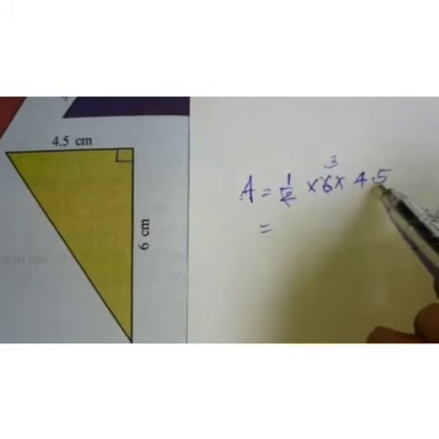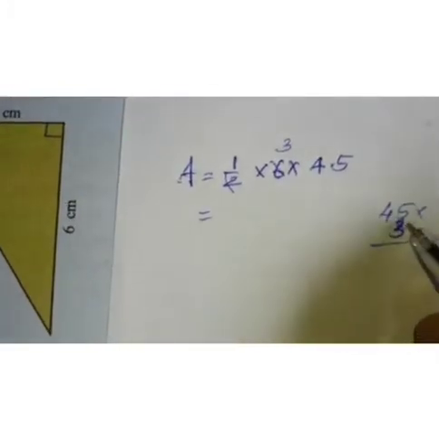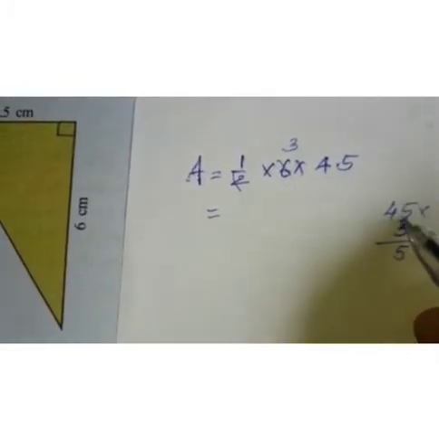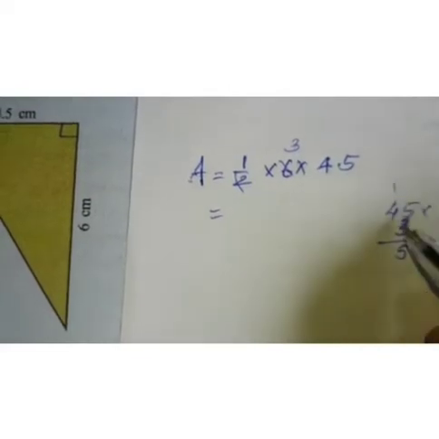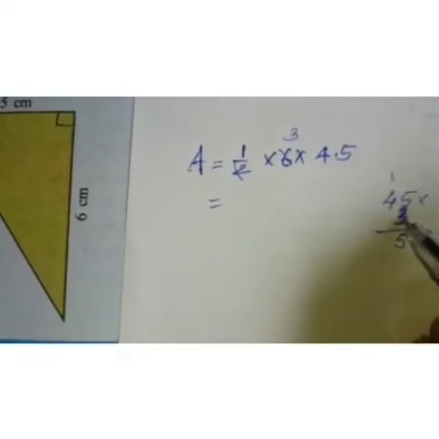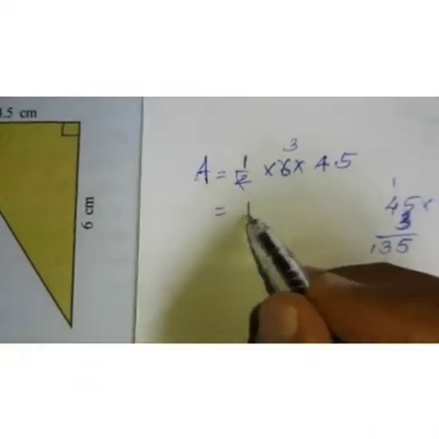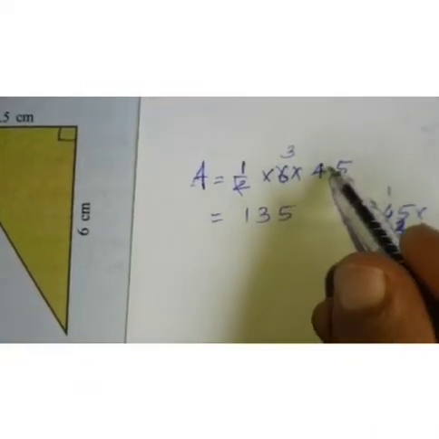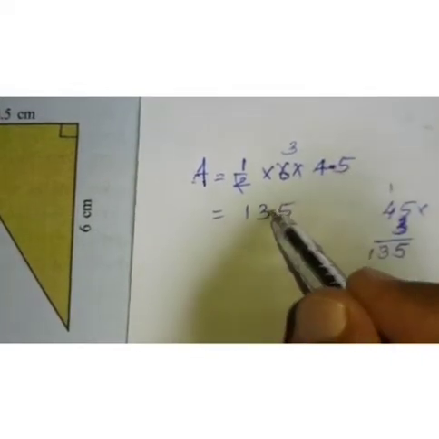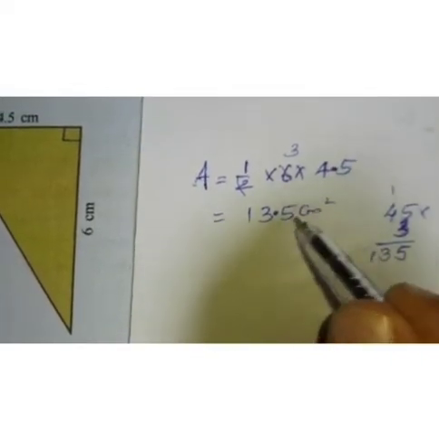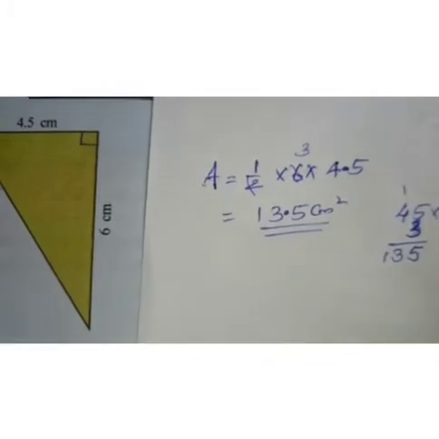So 45 into 3 should be multiplied. 5 3s are 15. Remainder 1. 4 into 3 is 12. 12 plus 1, 13. So we will get 135. Here how many decimals are there? 1 decimal. So 13.5 centimeter square is the answer.